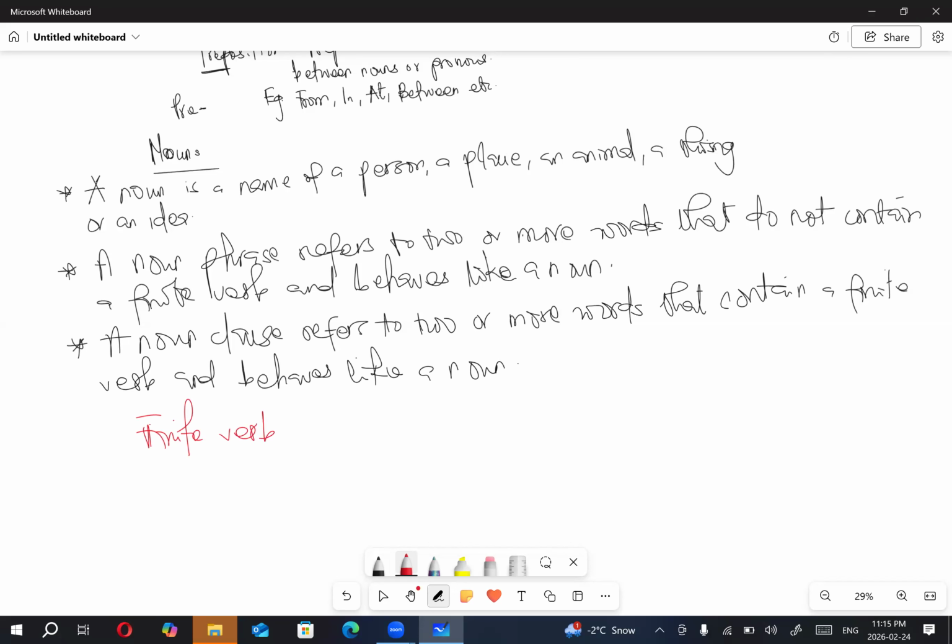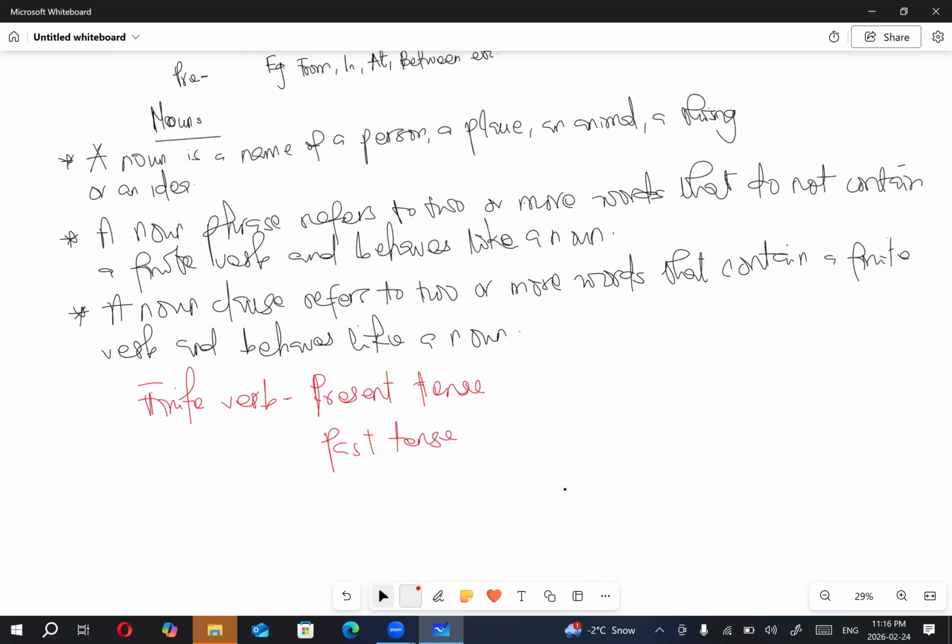For simple understanding, take it as all the verbs with their tense form in the present tense or past tense. So if the verb tense is present or past, it's finite. Yeah. So an example.